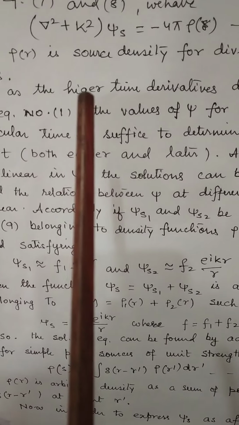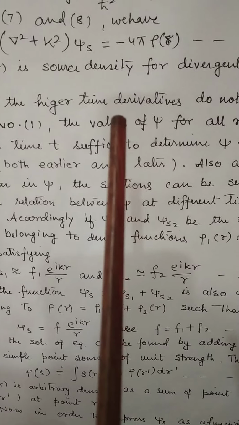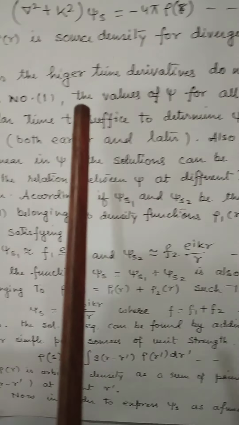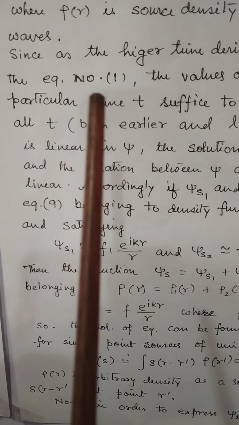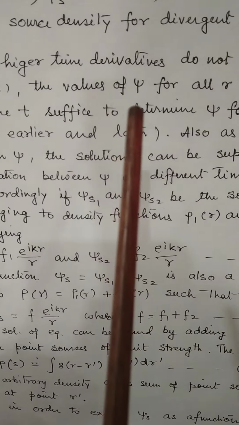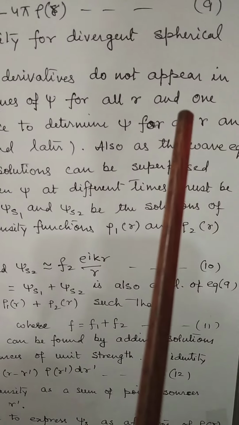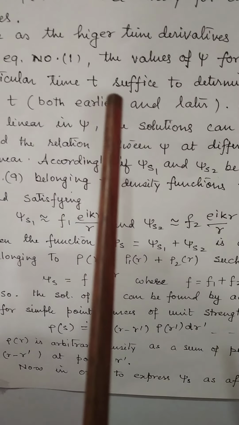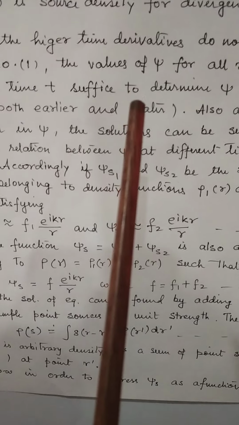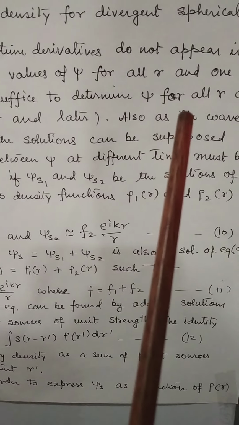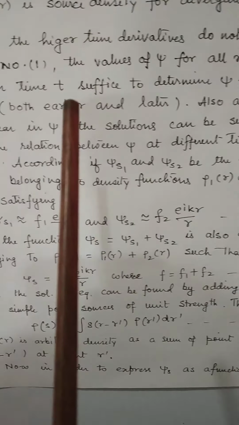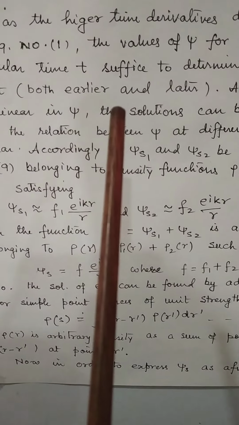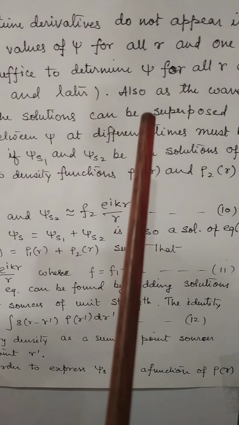As the higher time derivatives do not appear in equation number 1, the values of ψ for all r and one particular time t suffice to determine ψ for all r and all t, both earlier and later.